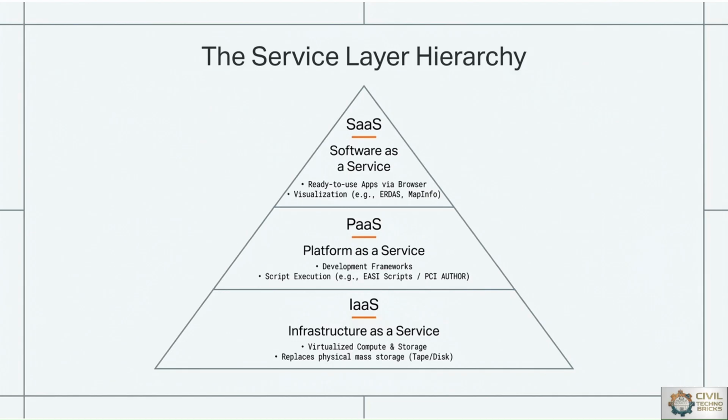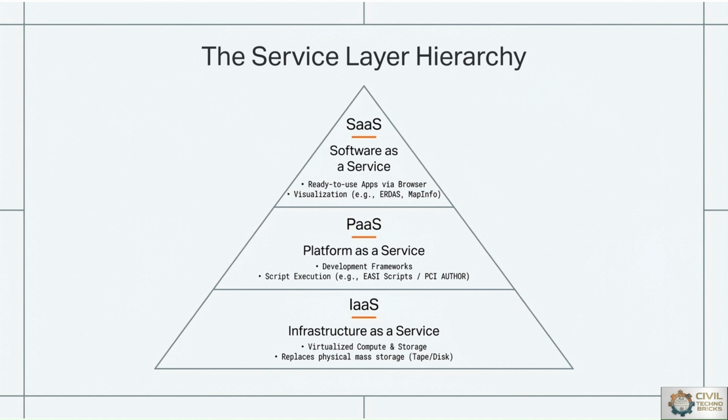It works through the servers which are hosted or operated on cloud platforms. The types are software as a service, platform as a service, infrastructure as a service. These types of platforms are used in civil engineering for data sharing, project collaboration and real-time monitoring.